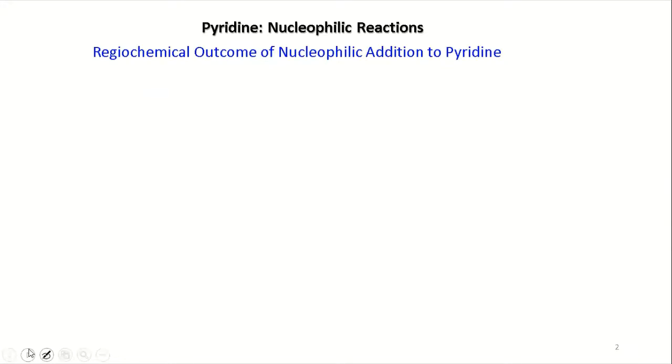Now, definitely the nucleophilic attack generally will not be at the nitrogen center, as we have quite expected, because we have seen already the nitrogen is acting as the electron sink, so it is already electron populated. So the nucleophile, which is electron rich, will definitely not attack the nitrogen. So we don't see the nitrogen centered reaction. Rather, in this case, we will see only the carbon centered reactions.